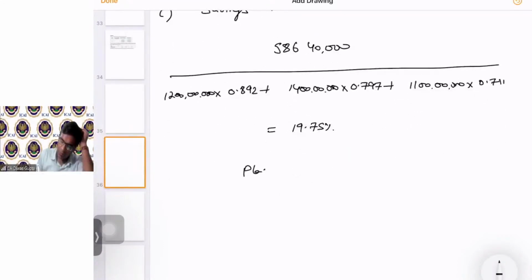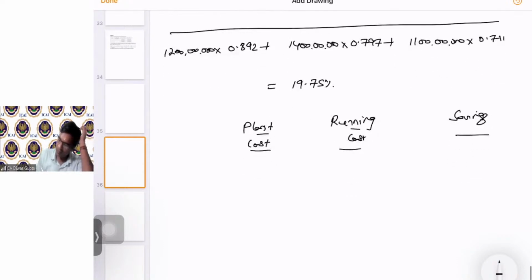Now let's try to put everything in this one table: plant cost, running cost, and then savings. Percentage change in input is how much?